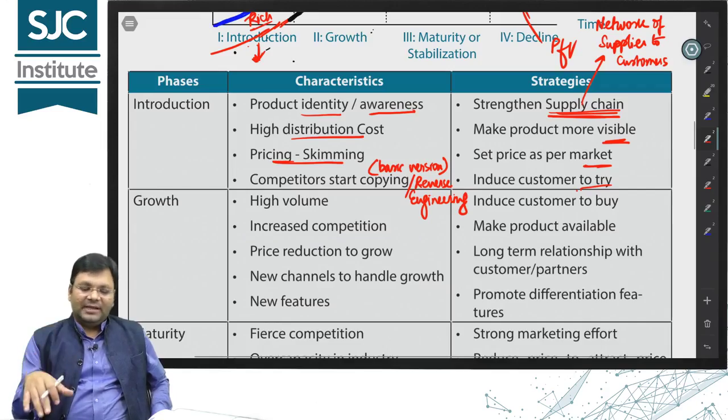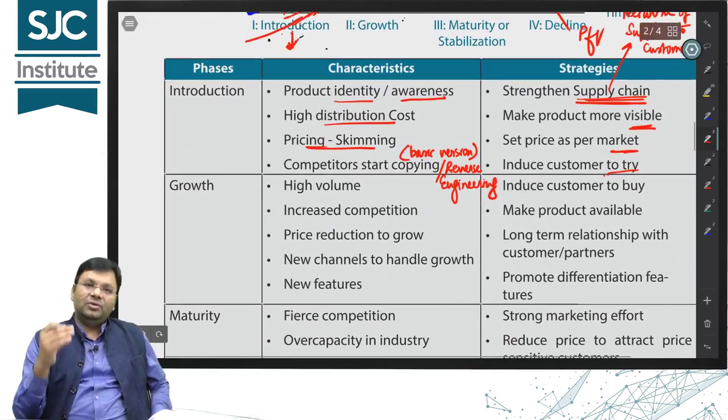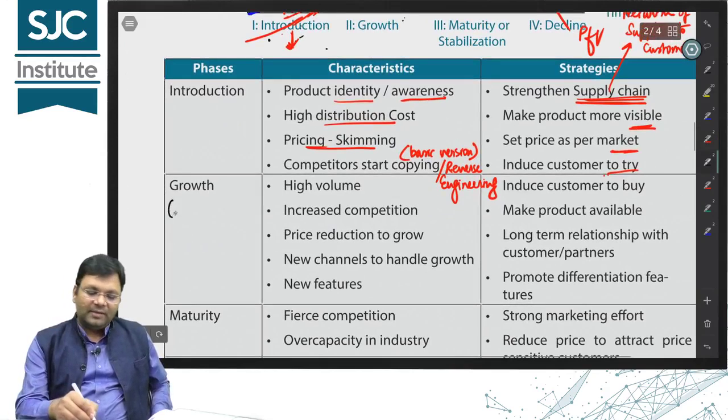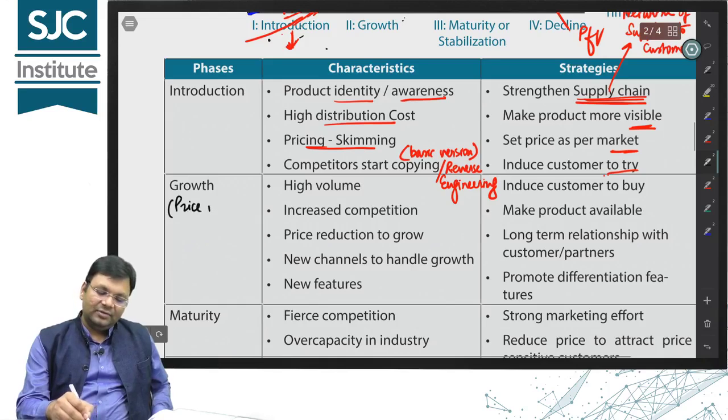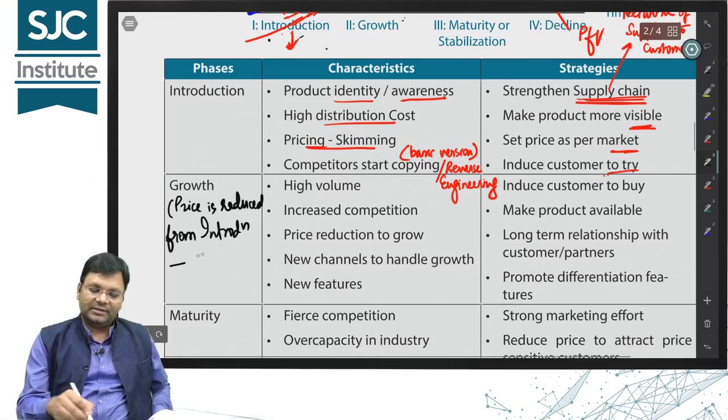Now come to the next, growth strategy. What is the indicator that the growth stage has started? The moment the price is reduced from the introduction stage, it is an indicator that you have entered the growth stage. Price reduced from the introduction stage equals indicator of the growth stage.